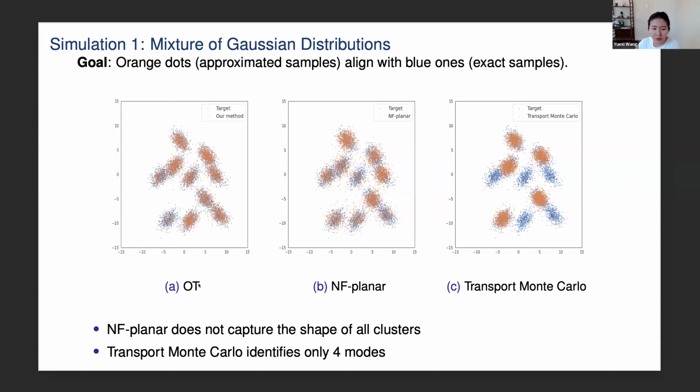And for our method, as I mentioned earlier, we design our U function as a maximum of k convex units. And in this case, even though the ground truth is 10, we set k to be 32, so it's over-parameterized. But I think it works really well for this example.